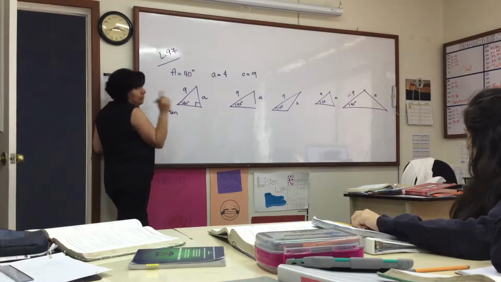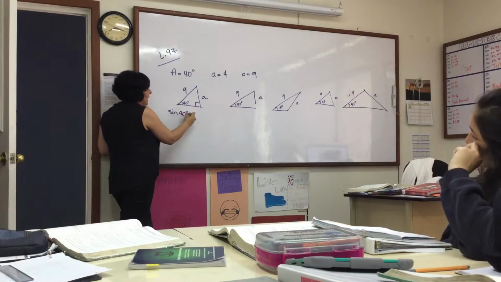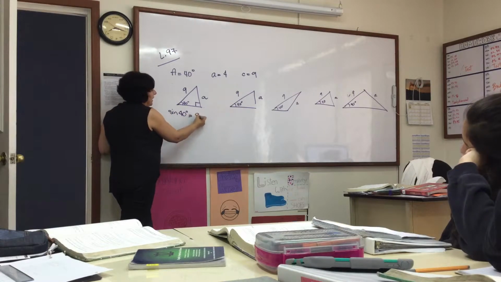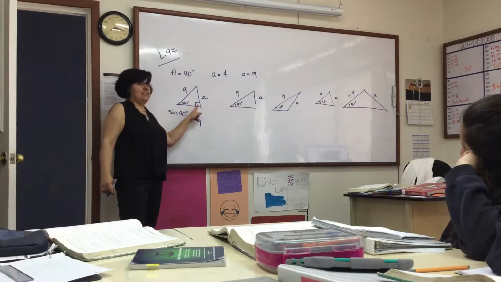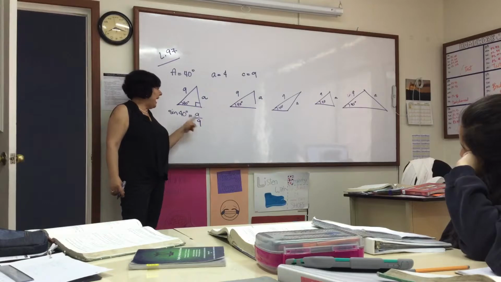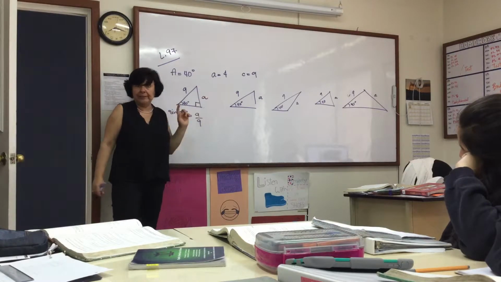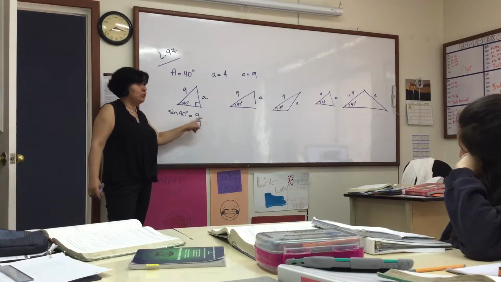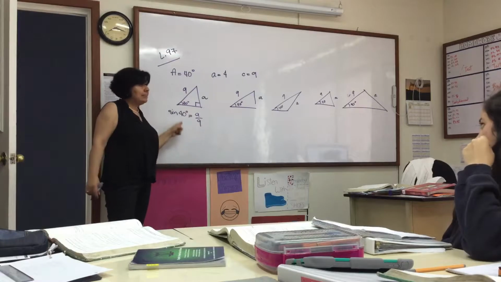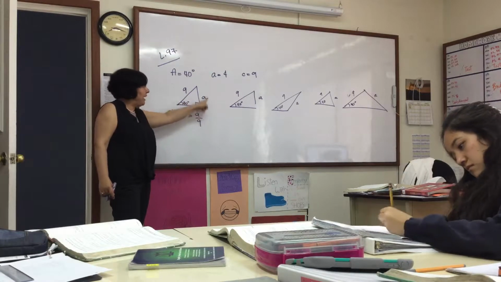The sine of 40 degrees would have to equal A over 9. If this is a right triangle, then A would have to equal 4, correct? Do you agree? Because we're saying that this is the opposite over the hypotenuse, so for this to be true, this has to be a right triangle. So if this is a right triangle, A will equal 4.